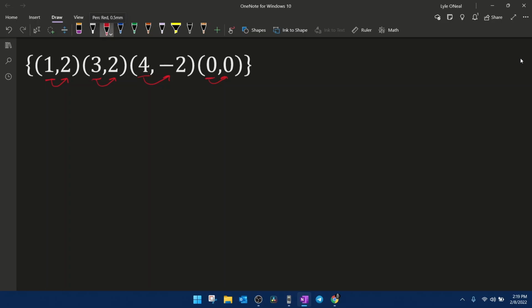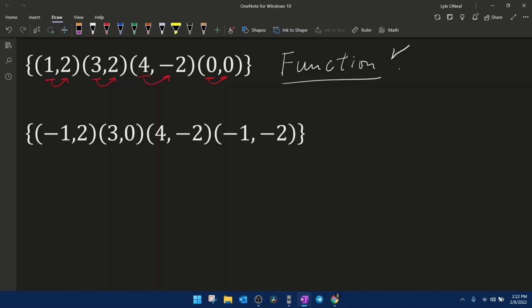So this would indeed be a function because each element of the domain maps to only one element in the range. So here we have another example of a relation. We have a set of ordered pairs, and we want to determine if this relation is a function. So checking the x's, here we have negative 1 that corresponds to positive 2.